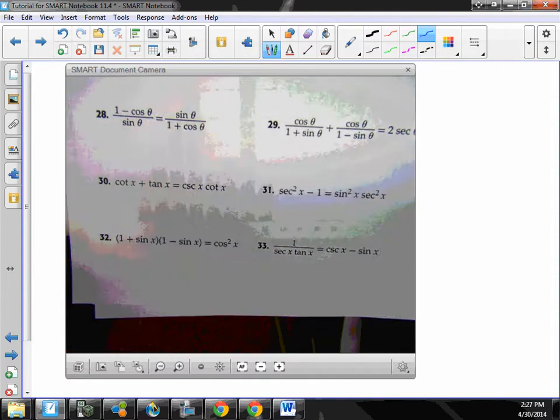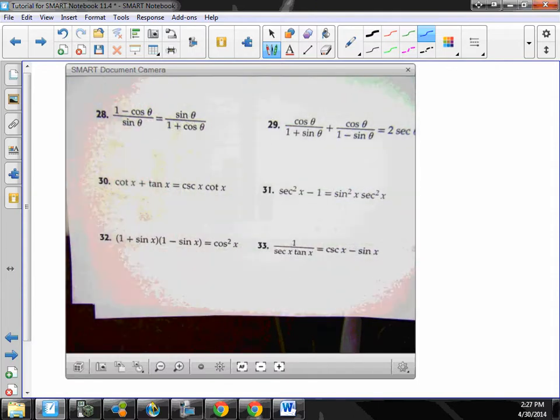Which side would you rather work on for the last one? Okay, it's usually easier to convert fractions into non-fractions than it is to create fractions from non-fractions. So you're probably better off doing the left side. But again, we might get so far and realize that it's not going to work, and then we need to start over.